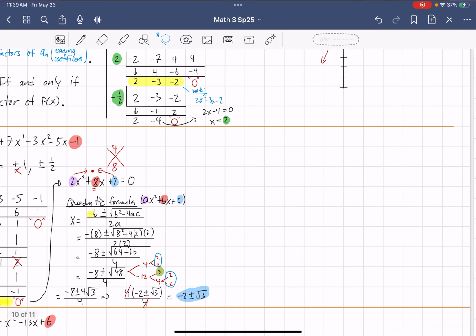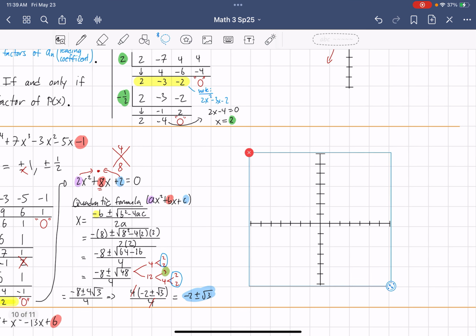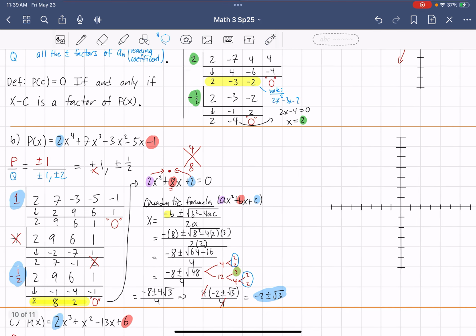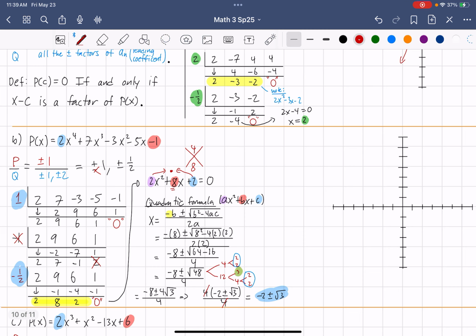Next example, same thing. We have our zeros. So we have a 0 at 1. Then we have a 0 again at a negative 1/2. So it's right here. And now these are two separate zeros. Right? So it's negative 2 plus square root of 3.